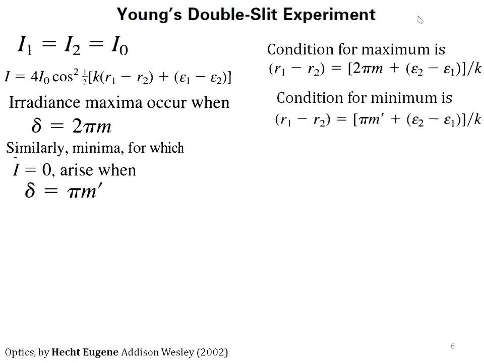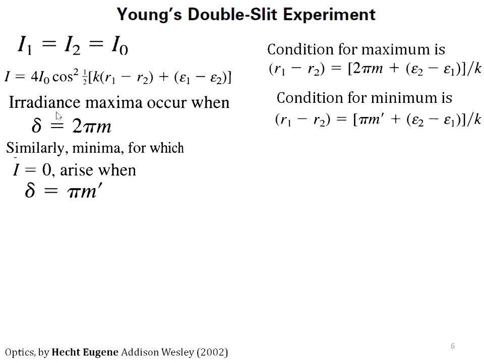Now, the condition for maximum. What will be the condition for maximum then? What you can do is put this value, which is delta, equal to 2 pi m. From there, the value of r1 minus r2 must be equal to 2 pi m plus, say, epsilon 2 minus epsilon 1.